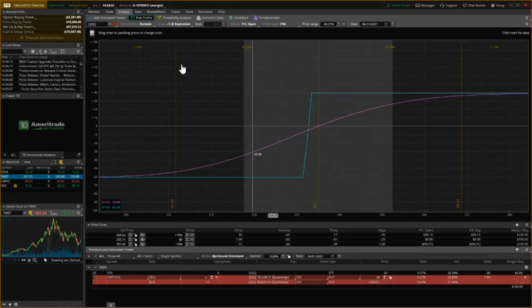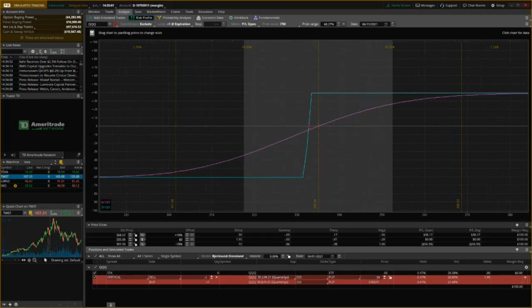Today, we are at 333, and we're bullish on the market, and we're thinking that it's going to rise. Just for the example, we're pretty certain that the market is going to make a significant run on the upside. But simultaneously, we're not too sure, and we don't want to lose a lot of money.